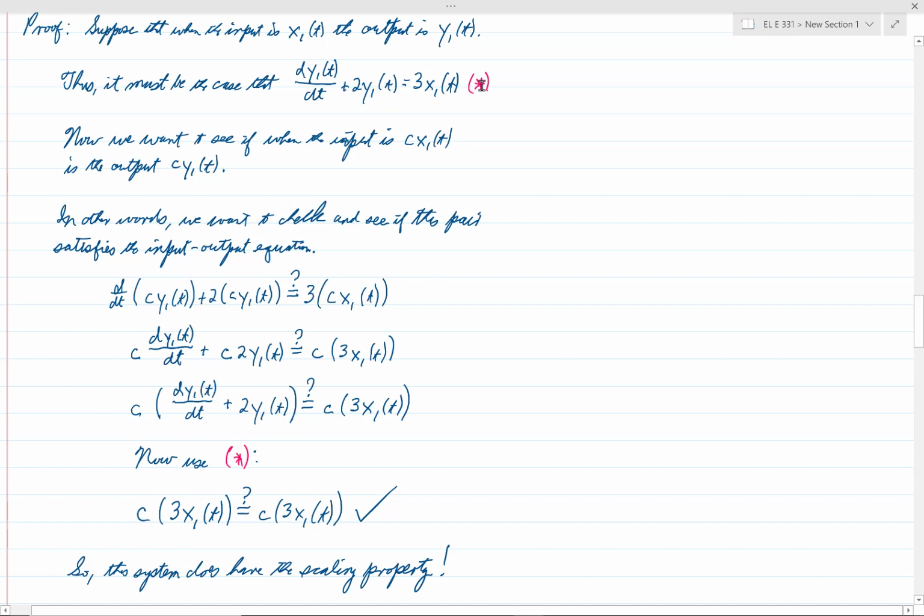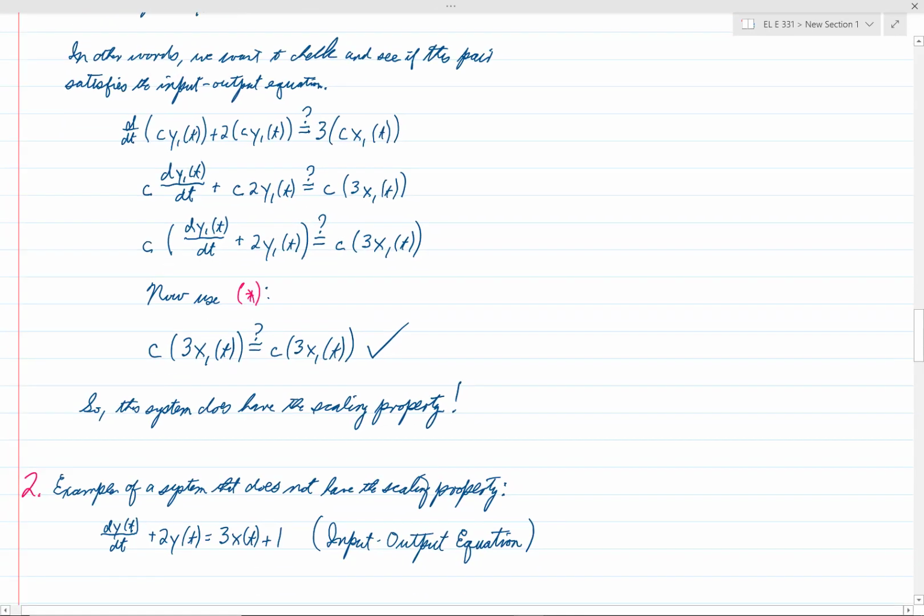You see that according to equation star, that is 3x1 of t. So I'm going to substitute that down here. And so I then have c times 3x1 of t equals question mark c times 3x1 of t. Well, obviously that's true, and so therefore this works out, and this system does have the scaling property.